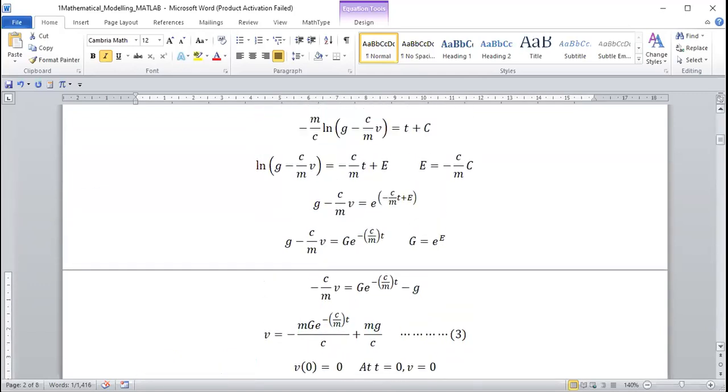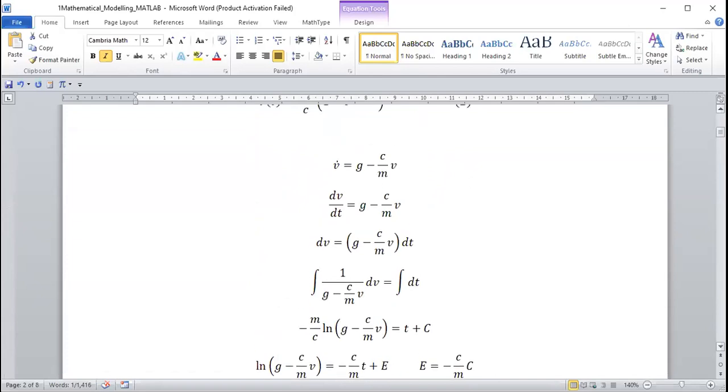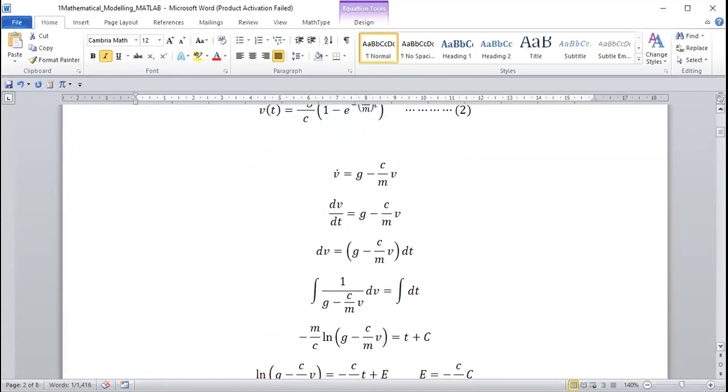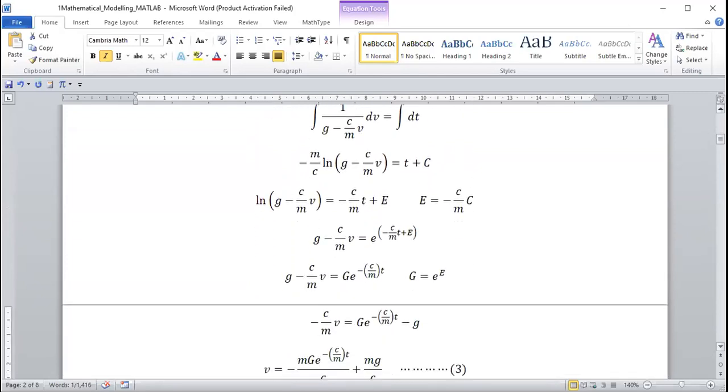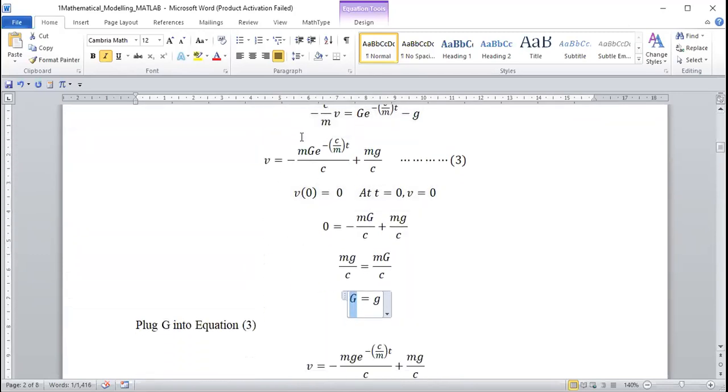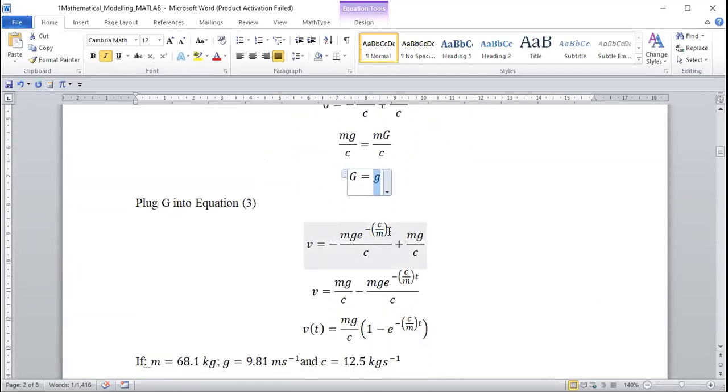This is our equation 3. Equation 3 is here. So instead of this capital letter G, we plug this small letter g. Then we arrive at this equation, and after doing some minor rearrangements and collecting like terms, we arrive at this.